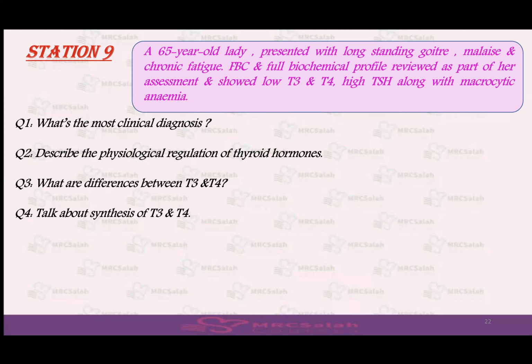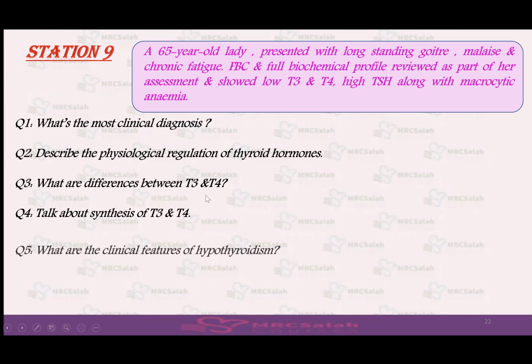By which enzyme? Tyrosine peroxidase. Okay, then continue. Diiodotyrosine with monoiodotyrosine forms T3. Two diiodotyrosine molecules together form T4. Okay.